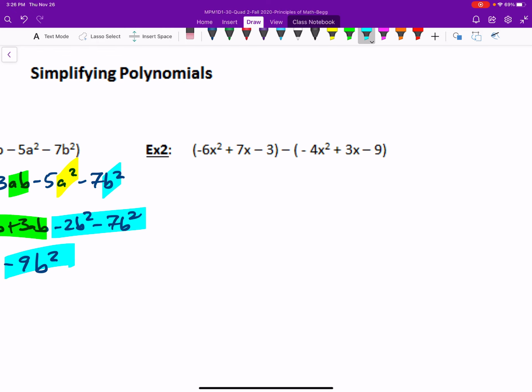Now remember, this one's a little different. The only thing different really is that minus sign in the middle. It means when I take the brackets off, I want to change all the signs. Well, actually, how I showed it last time was to rewrite it as a plus sign and then change all the signs in the middle.